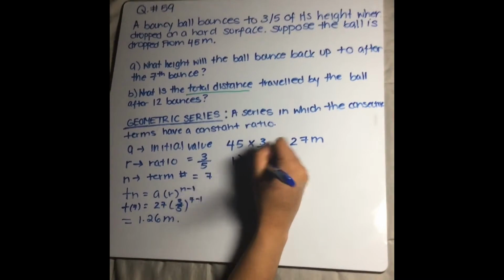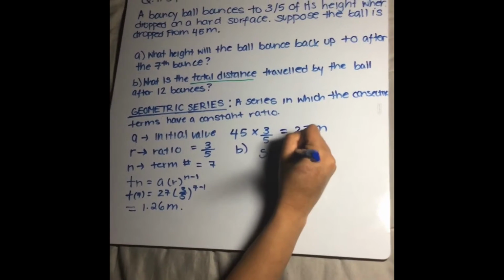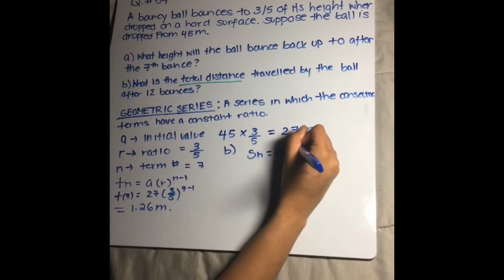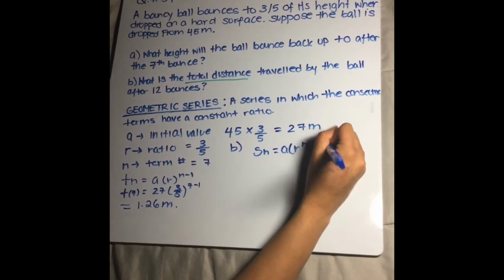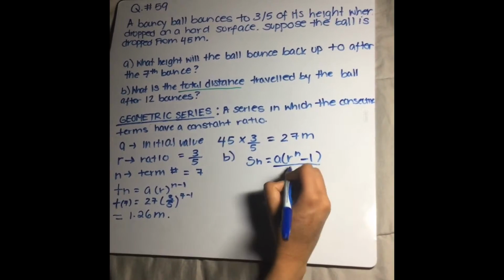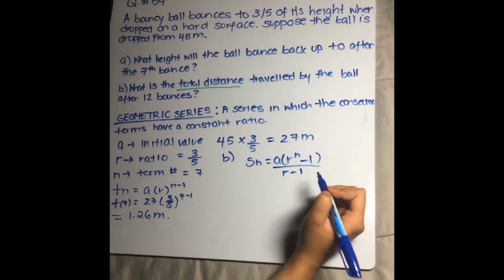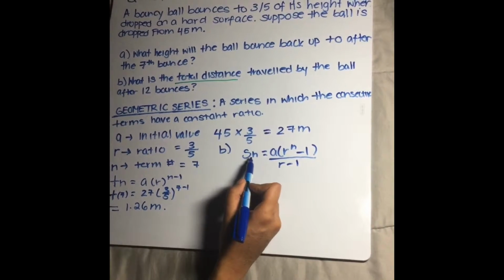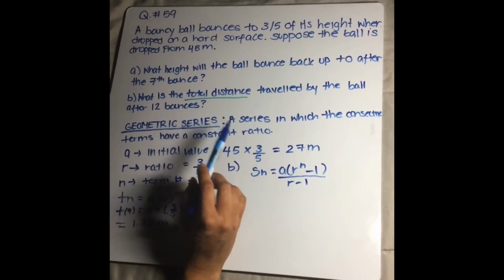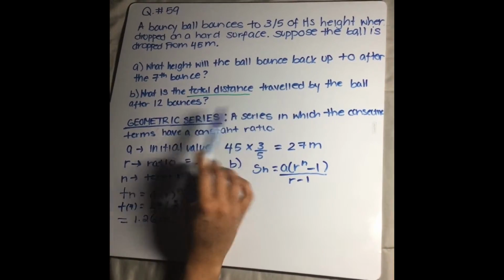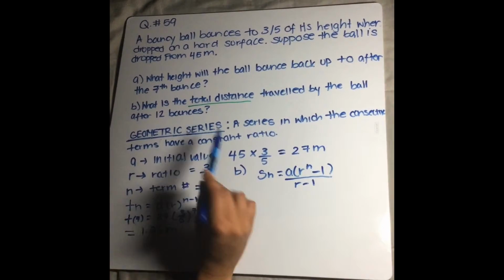The formula we would use is Sn equals A (R^n minus 1) all over R minus 1. This time, our n would be 12, because we're trying to find the total distance traveled after 12 bounces.